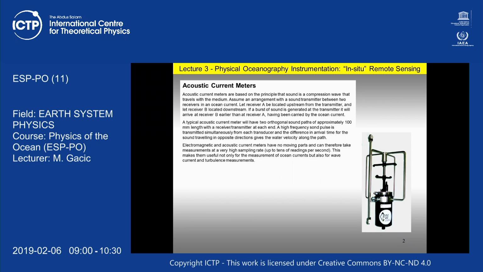Electromagnetic and acoustic current meters have no moving parts and can therefore take measurements at a very high sampling rate. That's very good, because the classical instruments have a rotor which measures the speed. So they are useful not only for the measurements of ocean currents, but also for wave current and turbulence measurements, because they can be very small.